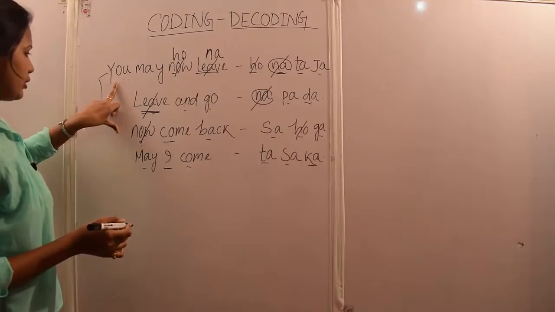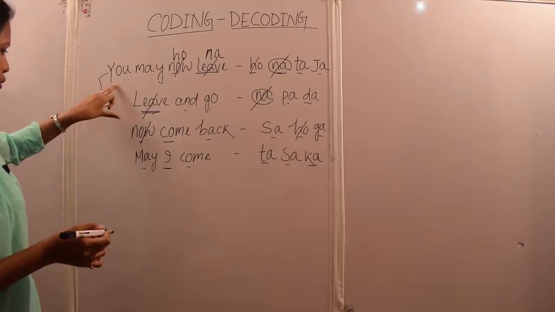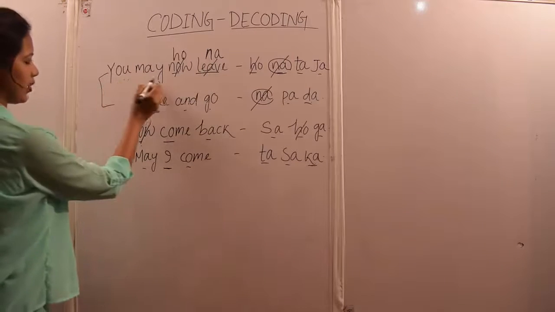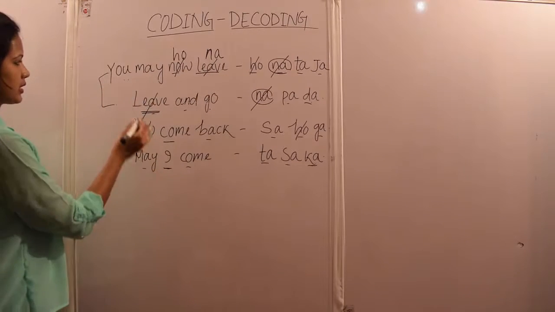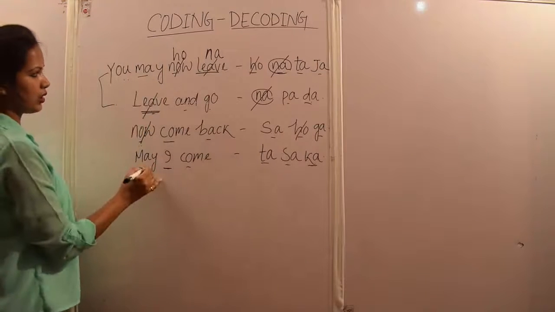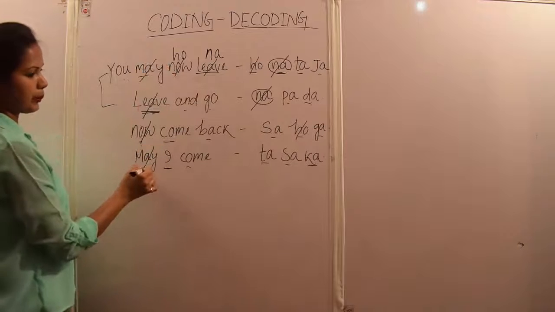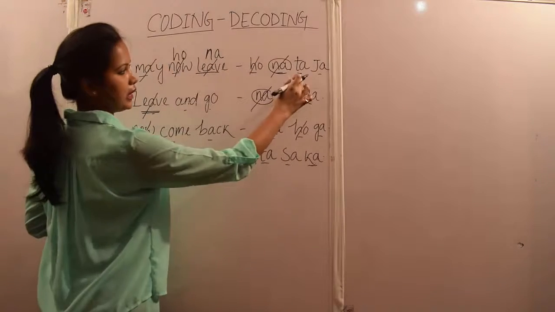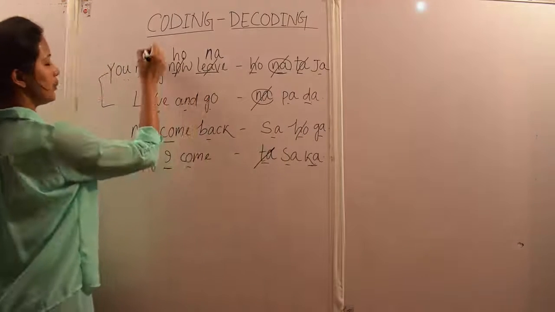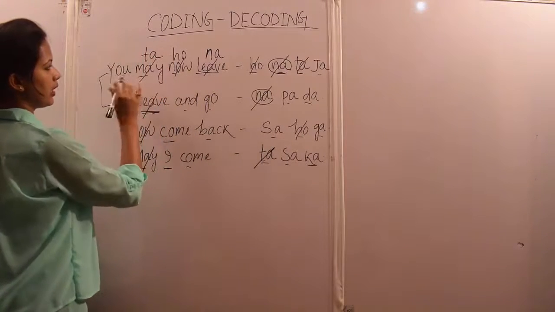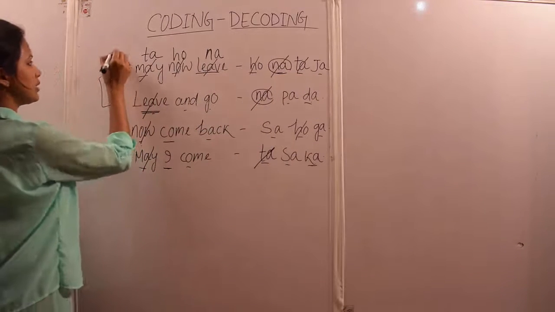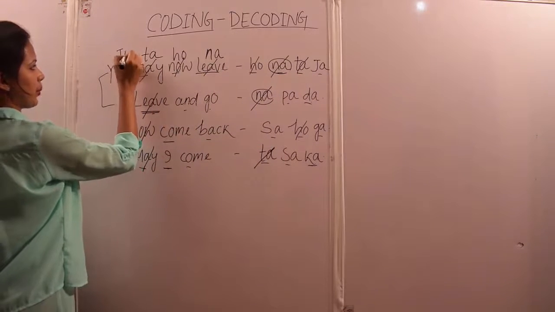Then I compare the first sentence and the fourth sentence. May is the common word, so I cut may and may. In the code, ta is common, so the code for may is ta. Then the remaining code is ja, so the code for you is ja.